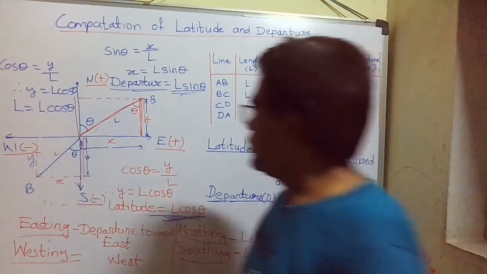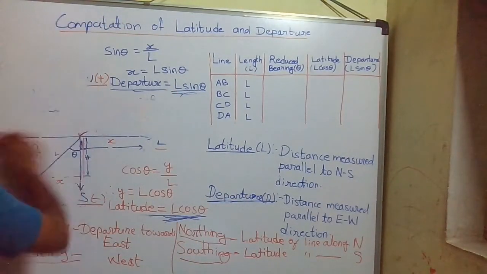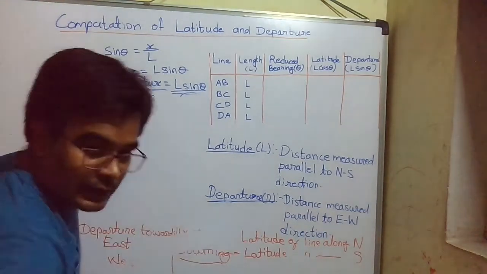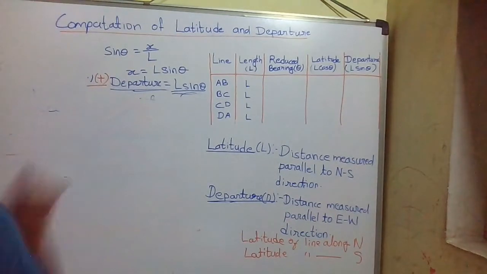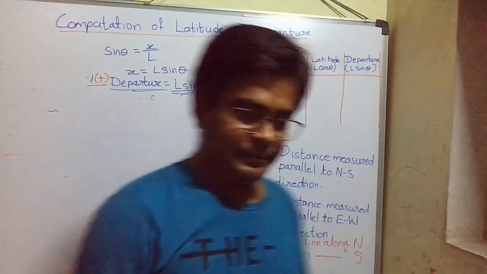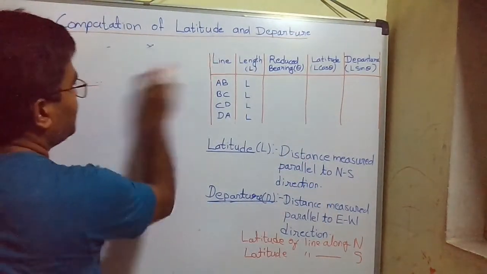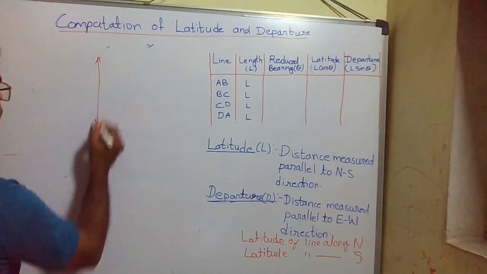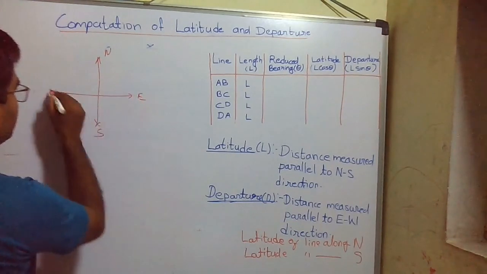Okay, so here we will see what the different signs of latitude and departure will be, based on the quadrant in which that line lies. Here you can see this table. If this is north, south, east, west.